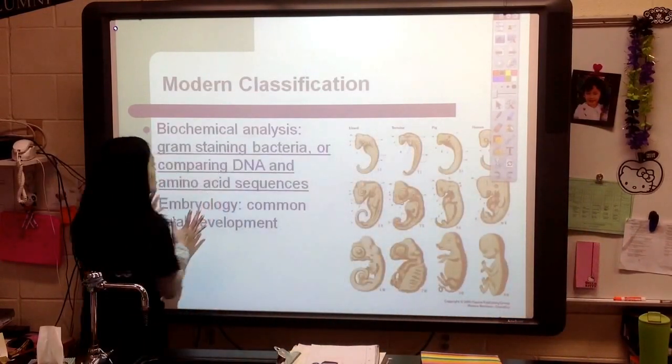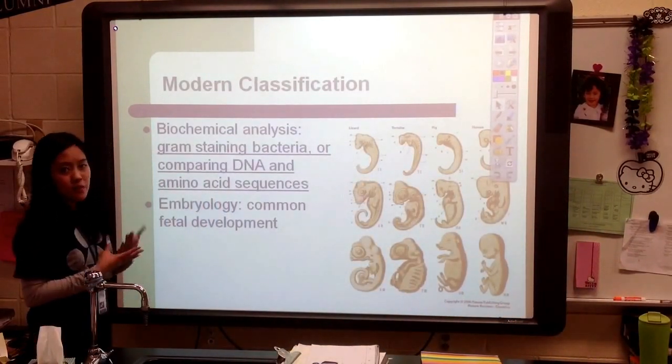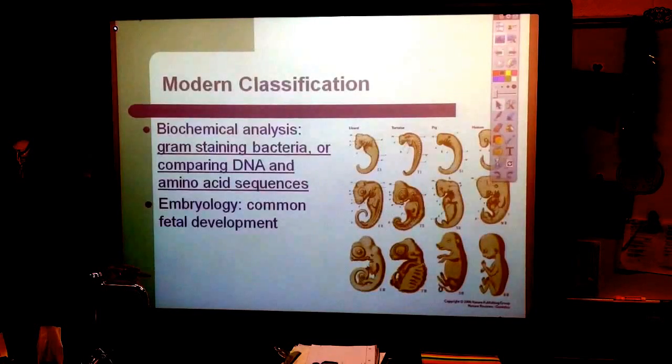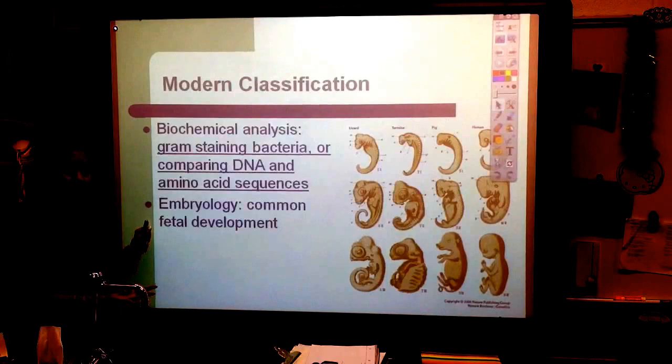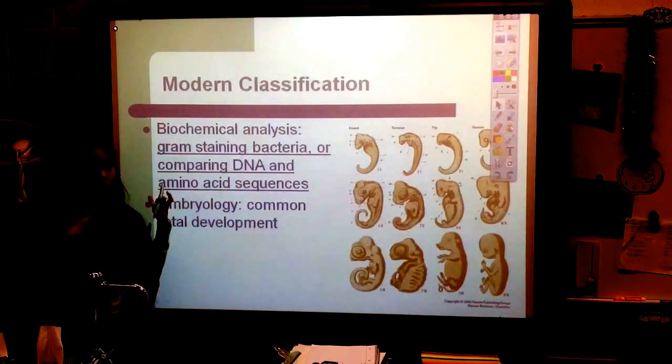But those are 3 major things that we can use to classify organisms: morphology, the physical characteristics, biochemical analysis, which is DNA and amino acids, and embryology. How do they develop to become more complex?